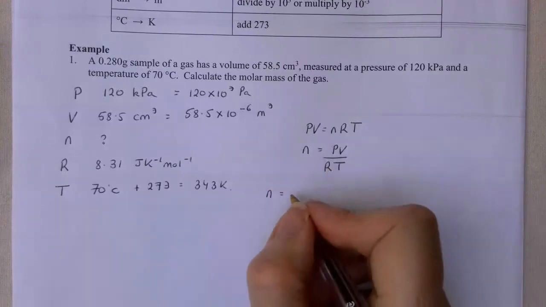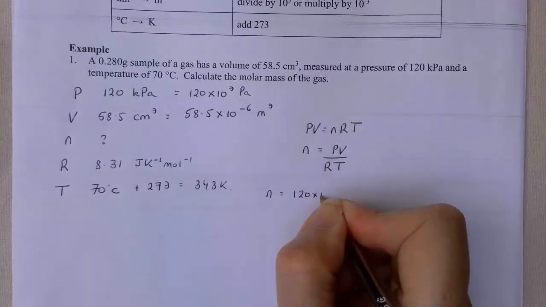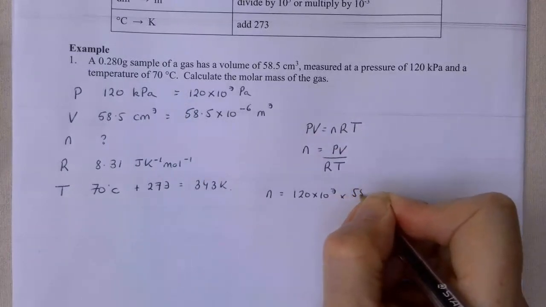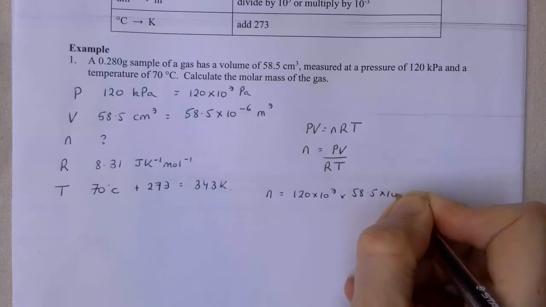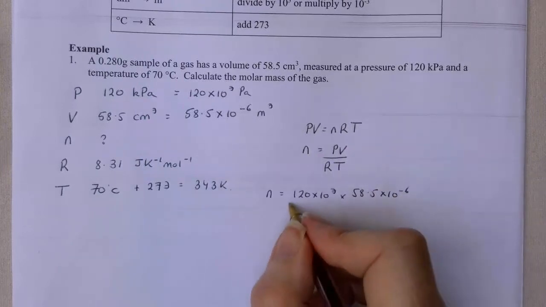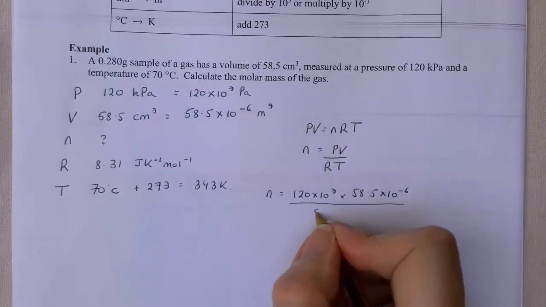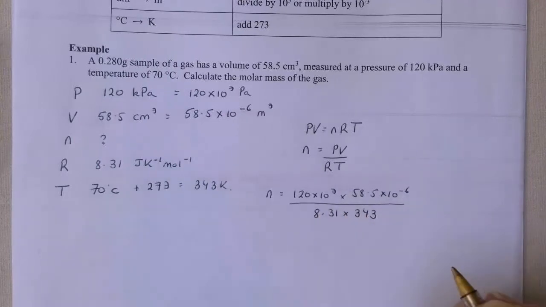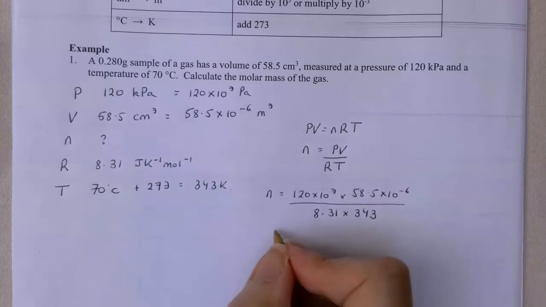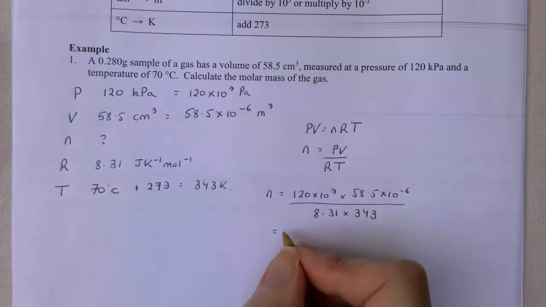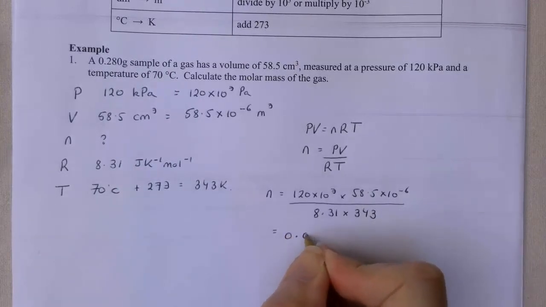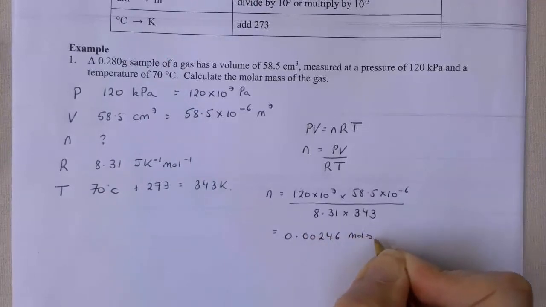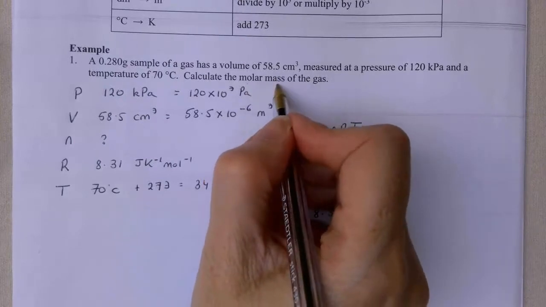So P, 120 times 10 to the 3 times 58.5 times 10 to the minus 6, all divided by 8.31 times 343. And I get this answer equaling 0.00246 moles.